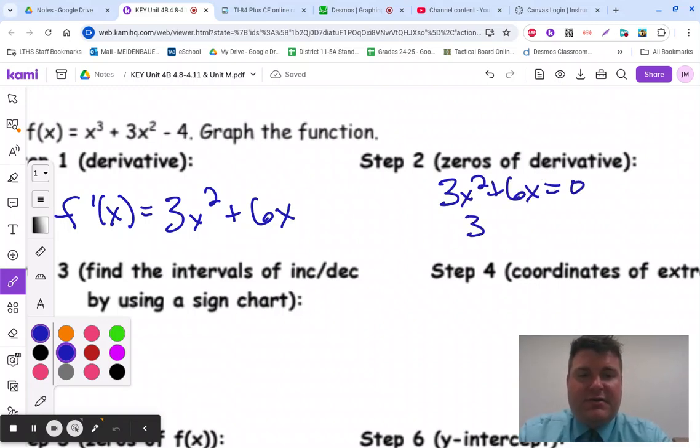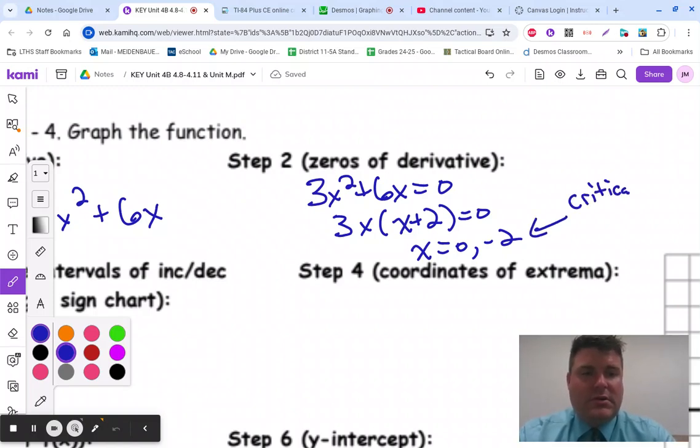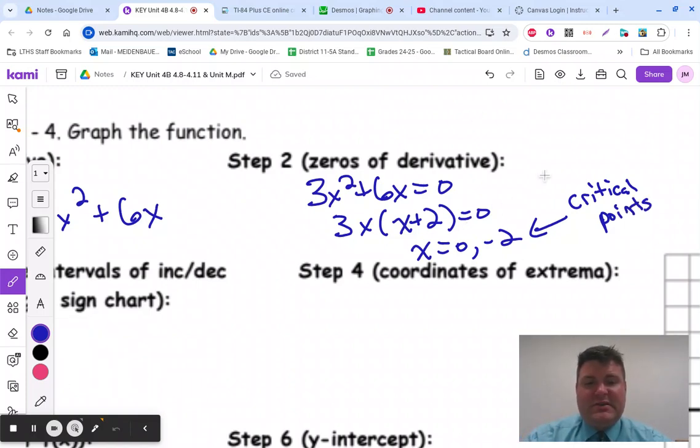Well, I'm going to factor out a 3x, leave me with x plus 2. And then I'm going to get x equals 0 and -2. Okay? So we call these critical points. All right, so we have slopes of 0 at x equals 0, -2.